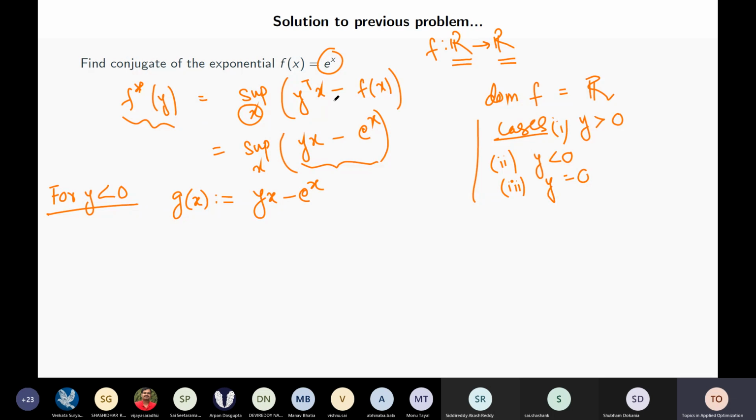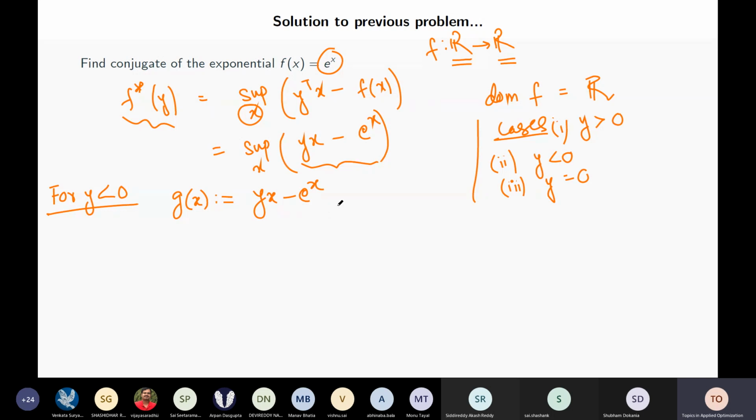So for a fixed y less than 0, can we guarantee that g of x is a bounded function for all x?